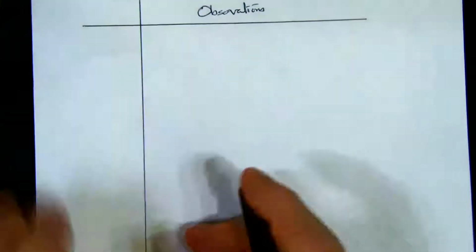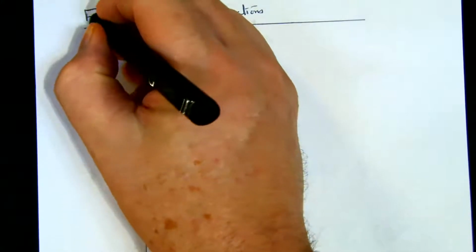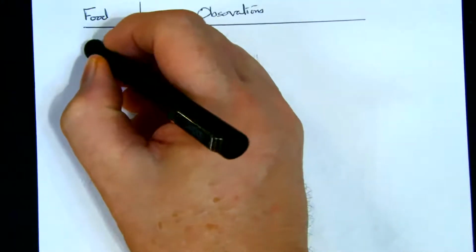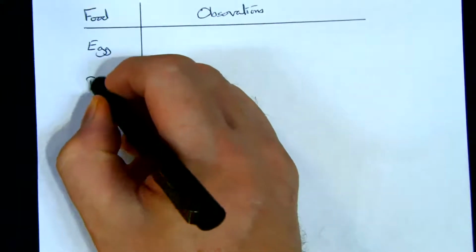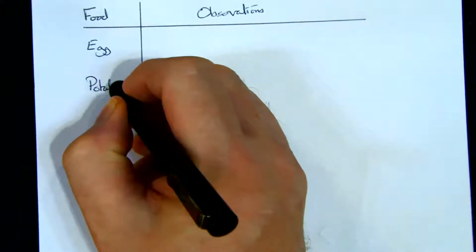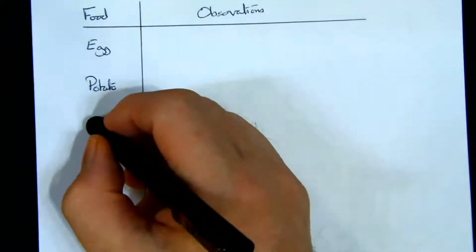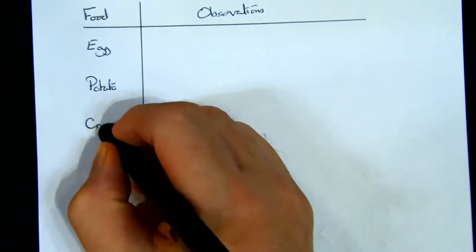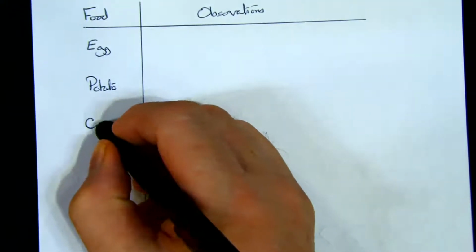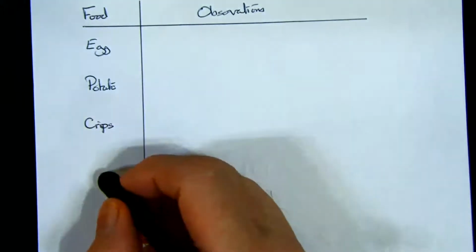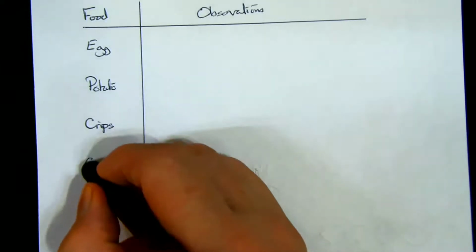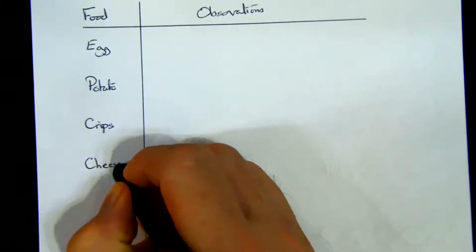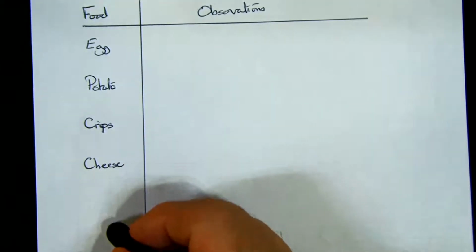So my food samples, I've got an egg, I've got a potato, I've got some crisps, can't spell this morning, I've got some cheese, and I've got a satsuma.